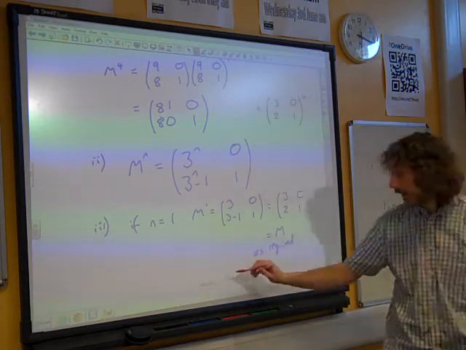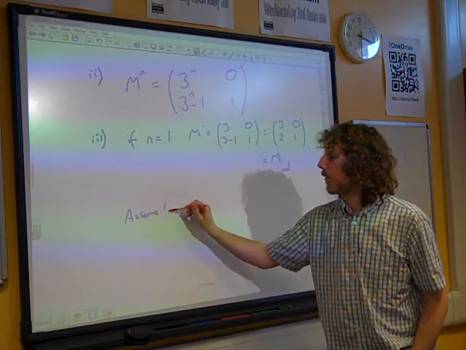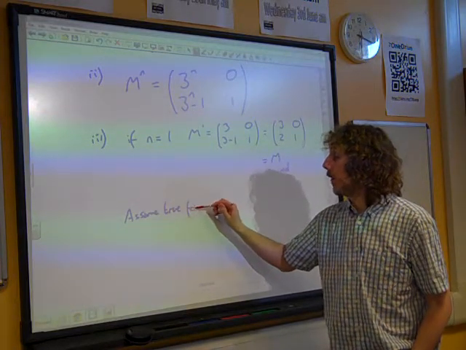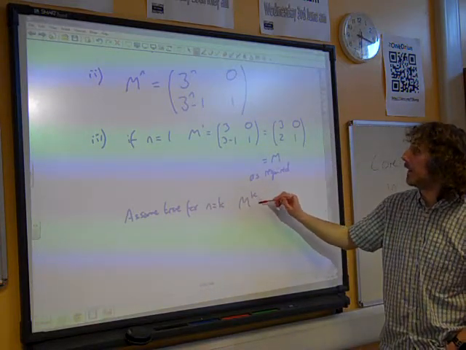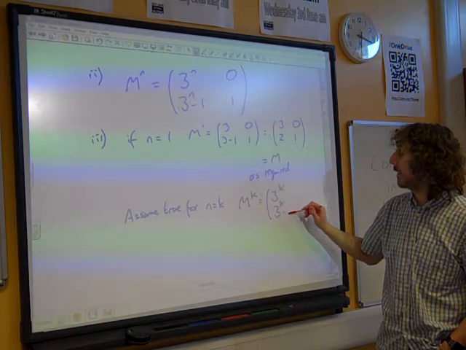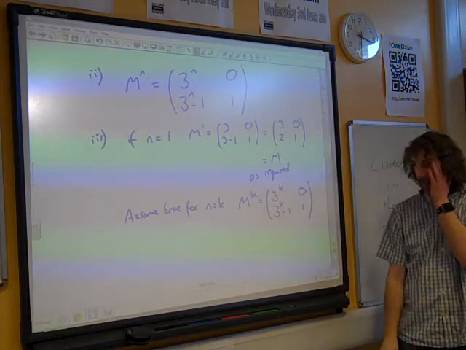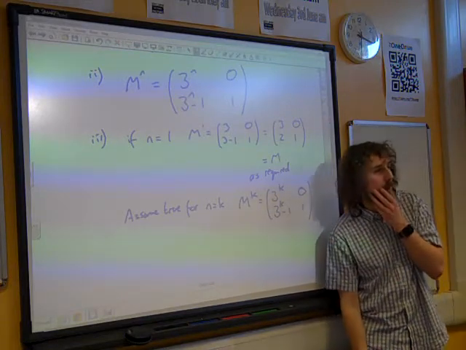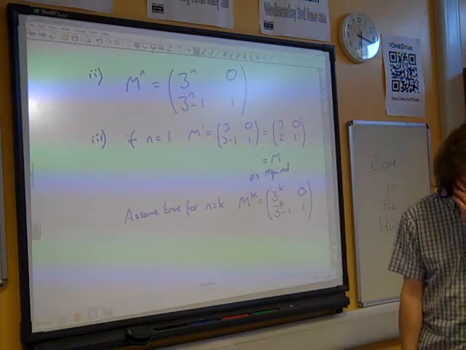Good start. Now we're going to state our assumption. Assume true for n equals k. That means that M to the k is 3 to the k, 0, 3 to the k take away 1, 1. There we go, we've stated our assumption. Now given that, we need to prove that this thing works for k plus 1.